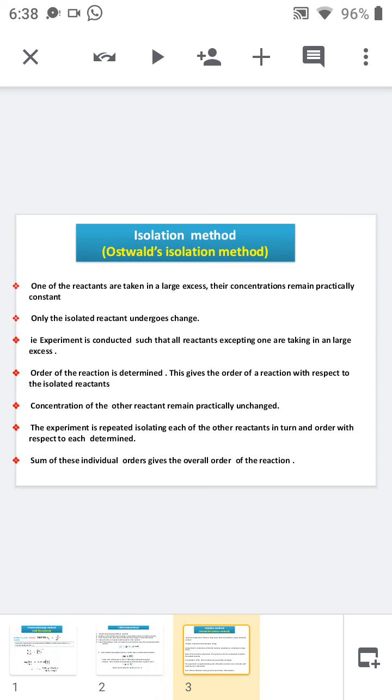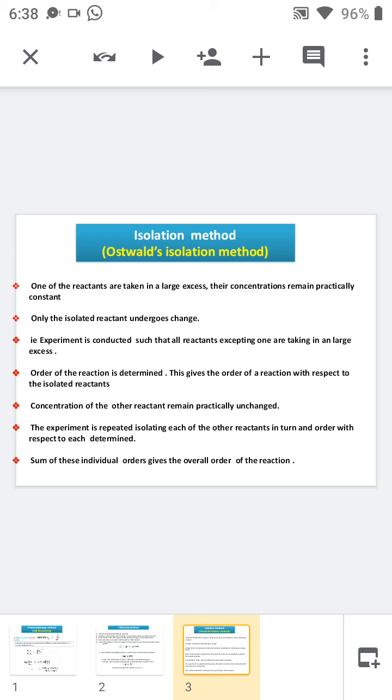So today we have discussed 3 different methods for determining the order of a reaction: the half-life method, the isolation method, and the initial rate method. There are 6 different methods for determining the order of a reaction.